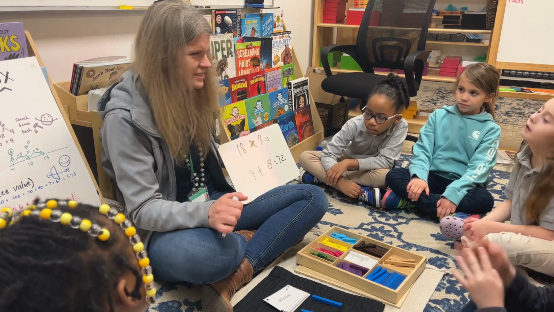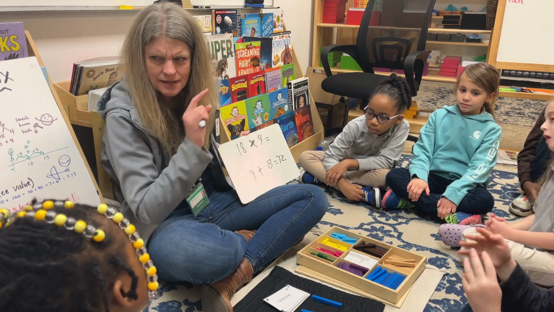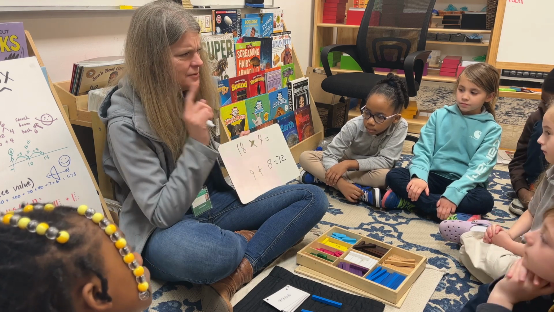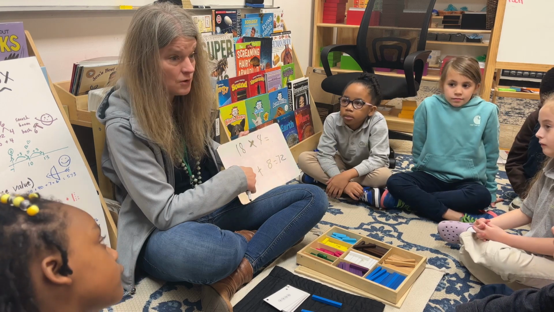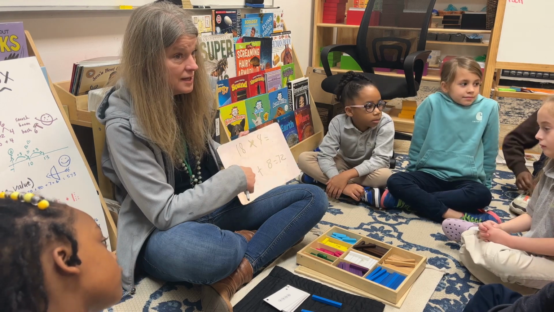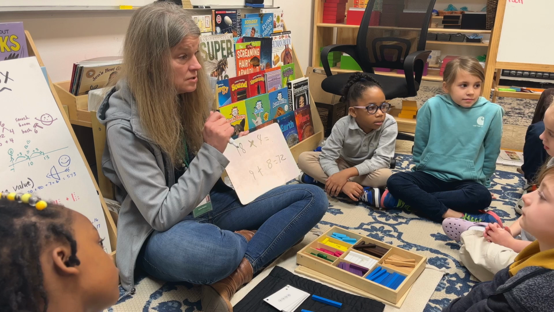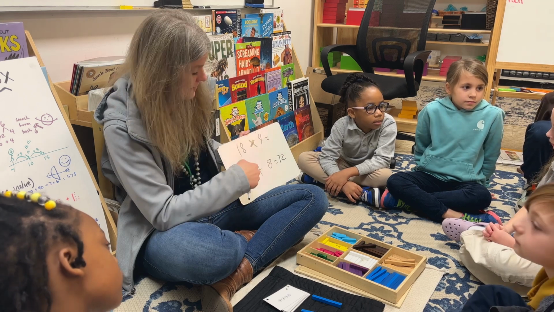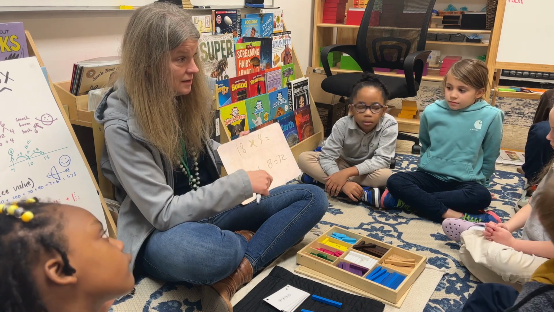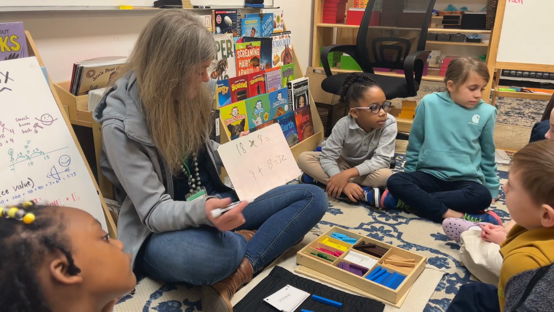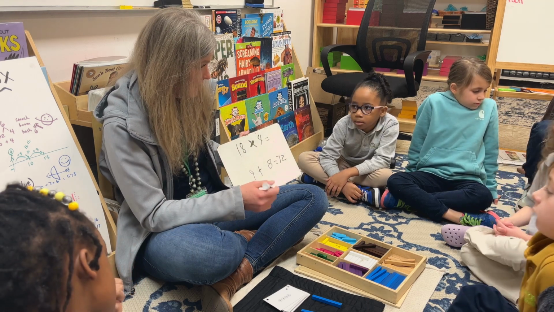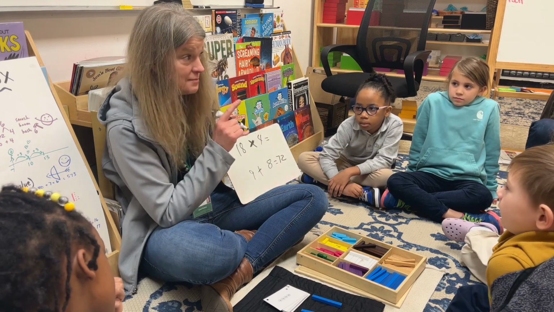Anna, can anyone articulate what Anna said? Can anyone tell me what Anna was thinking about how she figured out 9 times 8 with the over strategy? It's kind of like what Star was doing with her star strategy, except now this is in multiplication. Yes, Dakota? She said 8 times 10 was 80.